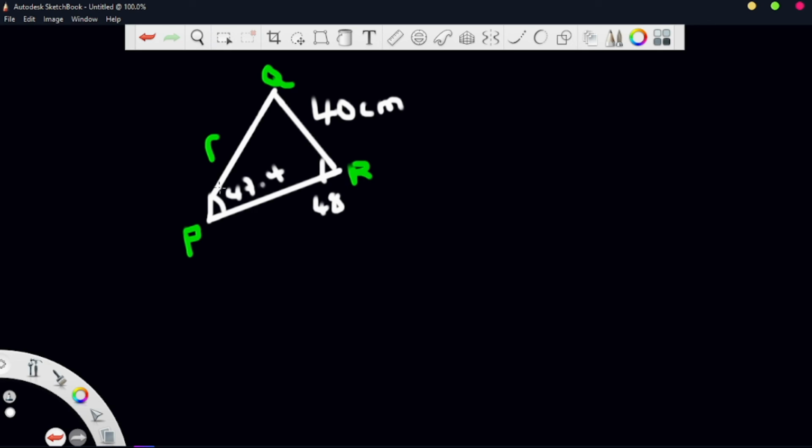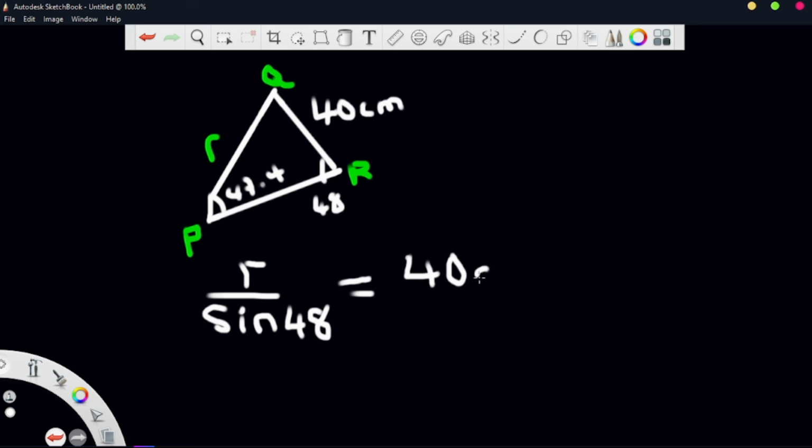Now let's say they want us to find r. So we know that r over sine 48, because we get the two in the corner. This one, that one, that one, that one. It's just like a pattern to remember.